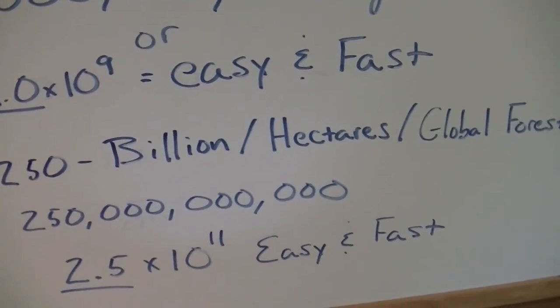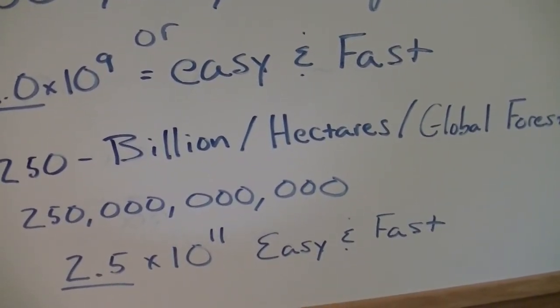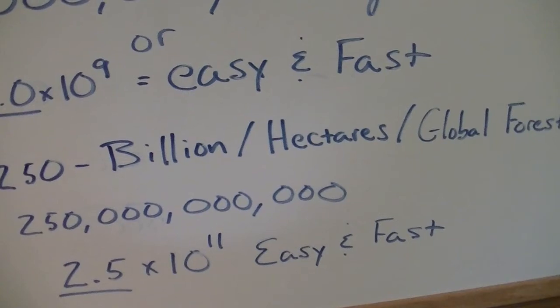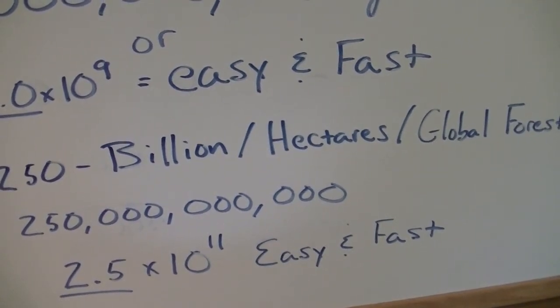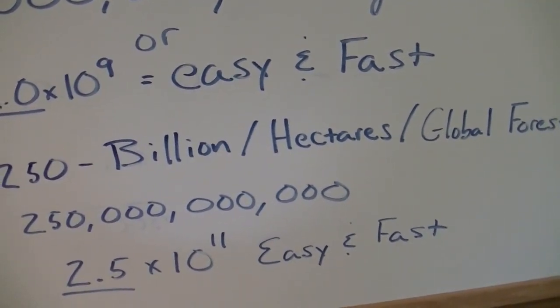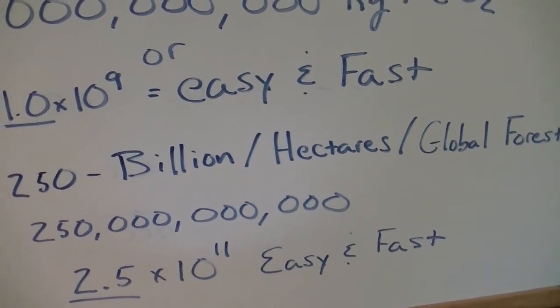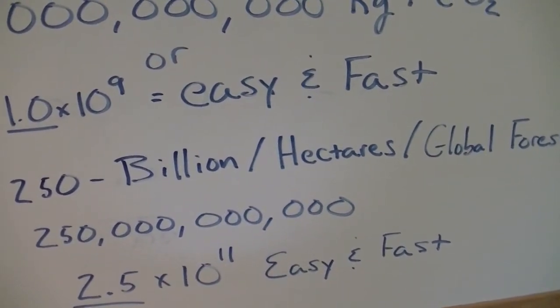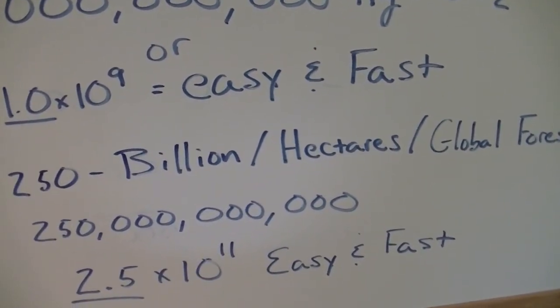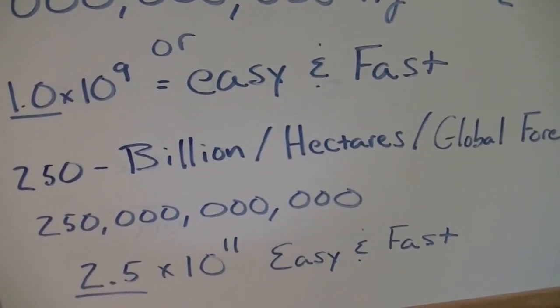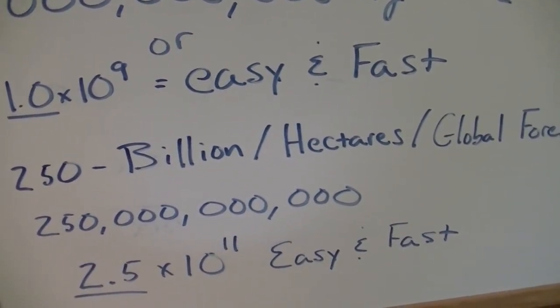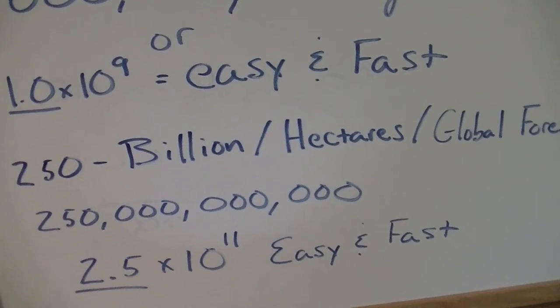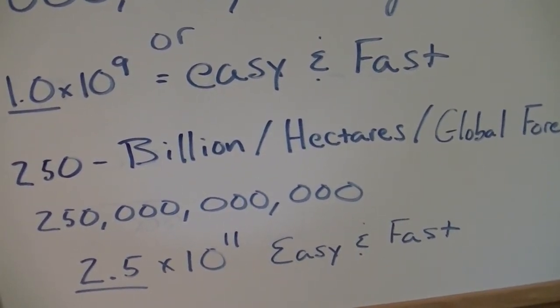Or you could write 2.5 times 10 to the 11th. You're going to have to multiply and divide with 250 billion hectares of forest. Imagine carrying all of those zeros over, dropping zeros, crossing zeros out. It's possible you can make a mistake, but it's much more foolproof in my eyes if you work with 2.5 times 10 to the 11th.